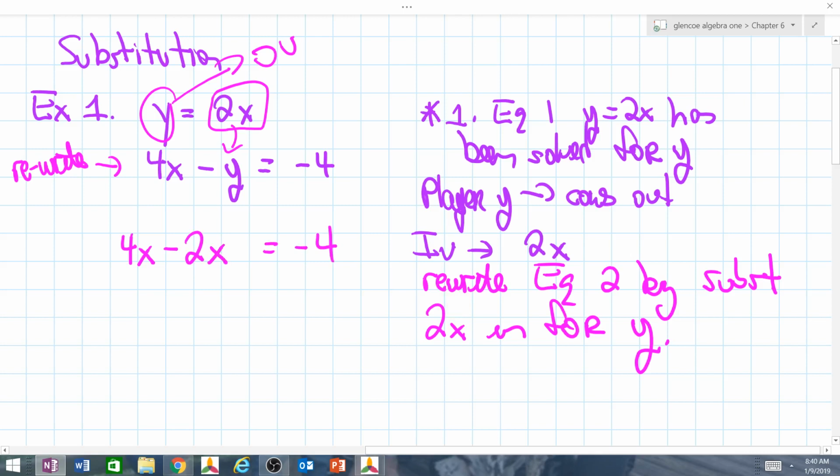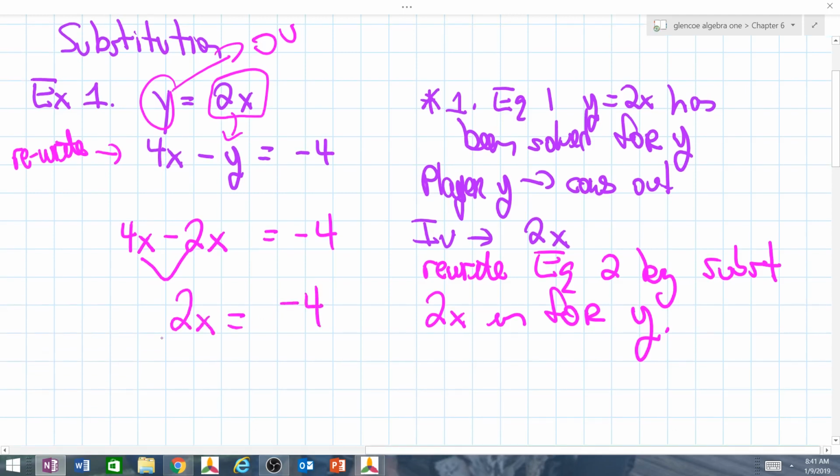Is everyone still with me? 4x minus 2x gives me 2x. 2x equals negative 4. What do I do to each side? Divide by 2, and I get x equals negative 2. The number one mistake students make is right here. They say they're done.